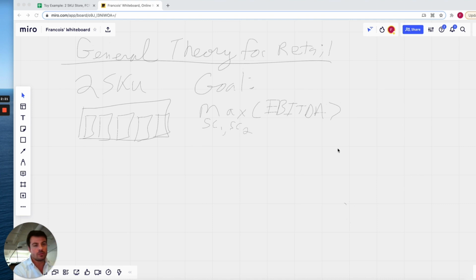Those are the 2 things that I'm trying to deal with. And the sum of shelf capacity 1 and shelf capacity 2 can't be bigger than my store, so that's going to be my constraint. Subject to constraint 1, which is that shelf capacity 1 plus shelf capacity 2 has to equal the size of my store. Okay, easy enough.